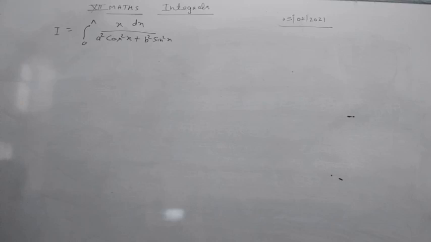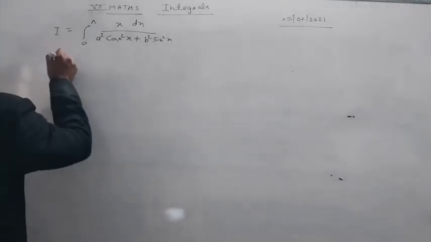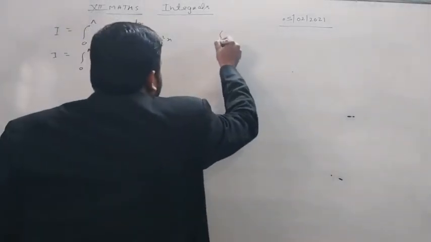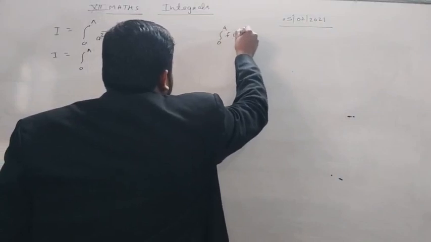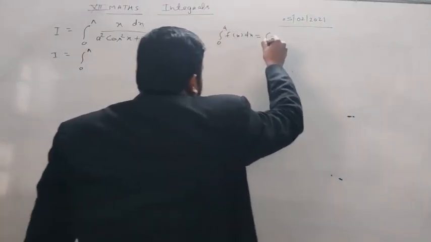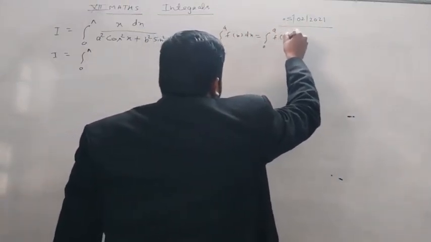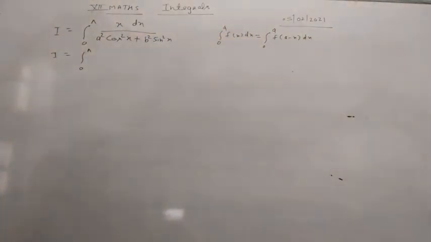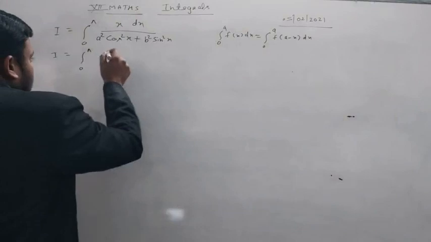First of all, we will use the property of definite integral: integral from 0 to a of f(x) dx is equal to integral from 0 to a of f(a minus x) dx. So we use this property and change this. What we can write?